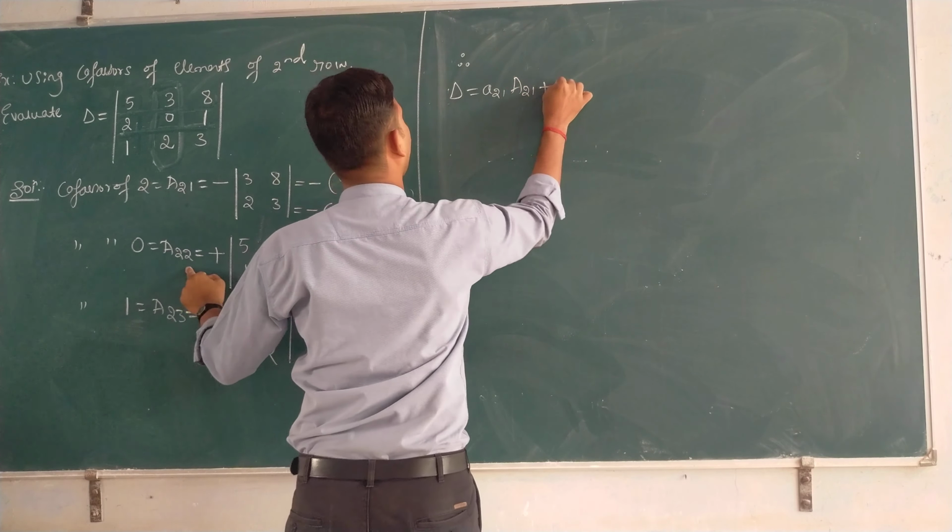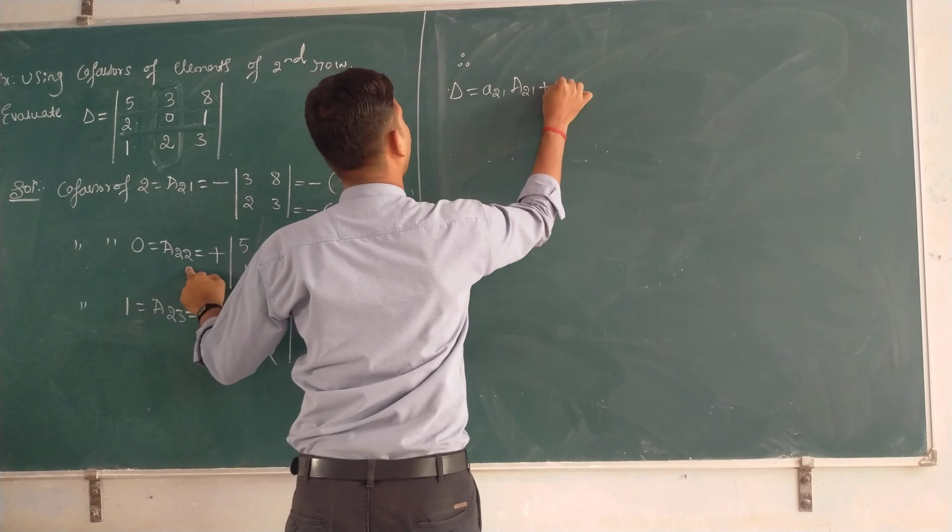Then what are the values? Students, look at the values. Small a21 is 3, and 3 into capital A21 is what?